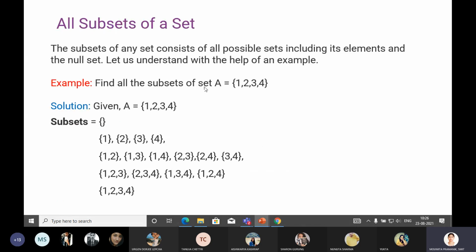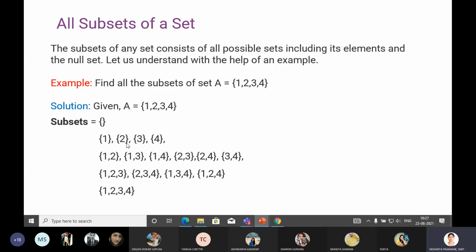Now, if we are asked to find all the subsets of a set, we will understand this with an example. We are defining one set here, set A, and if you are asked to find all the subsets, we can write the subsets like this. The empty set is also a part of the subsets of a set, so we can represent it with these empty curly braces.